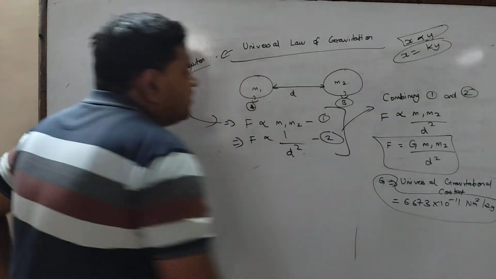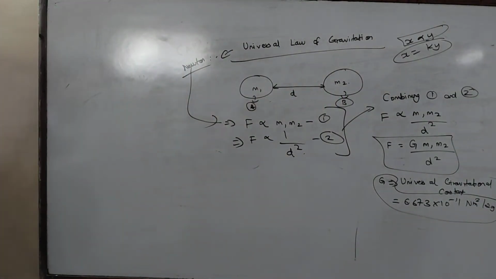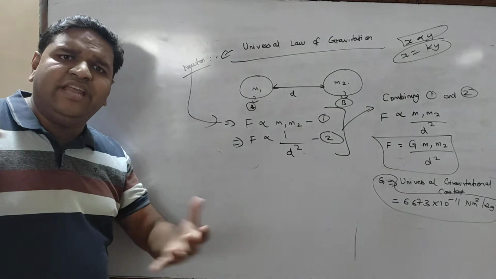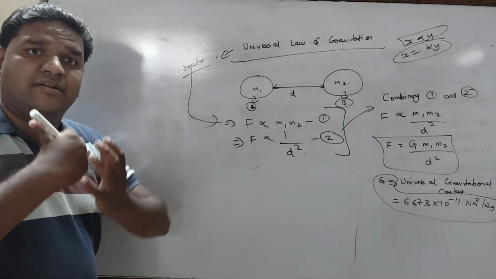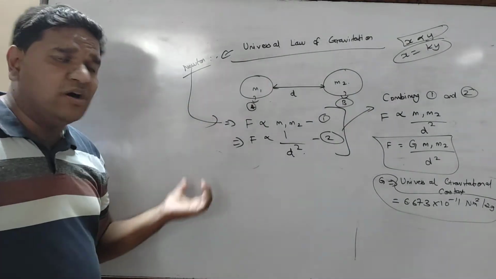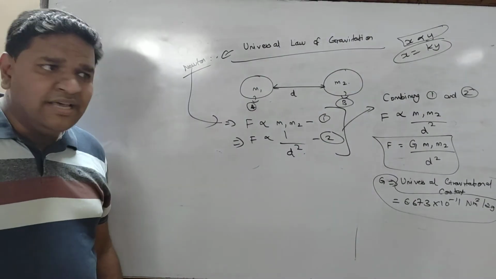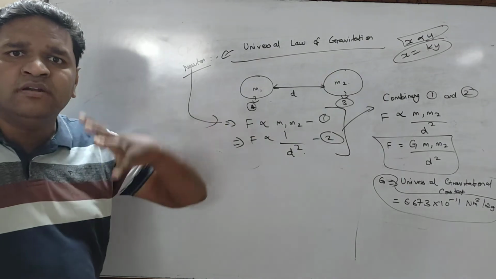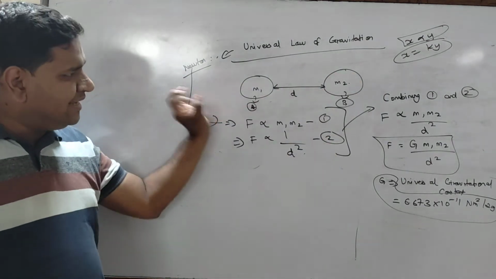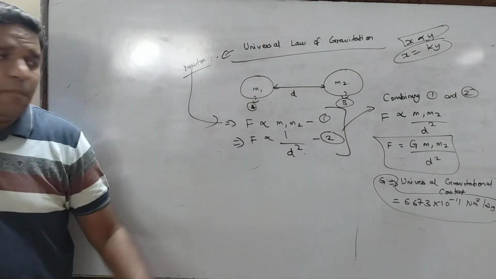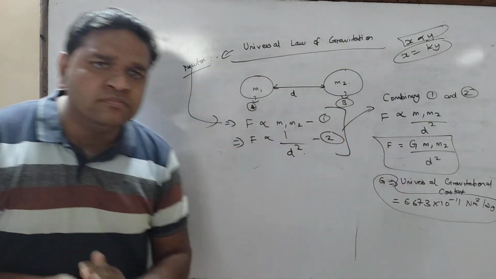Once again, summarizing this law, there is some kind of attraction between every object on the earth or in the universe with every other object. If you're talking about the earth, it could be the earth itself and another human, or any two objects on the earth. Let's say those two objects have masses M1 and M2.